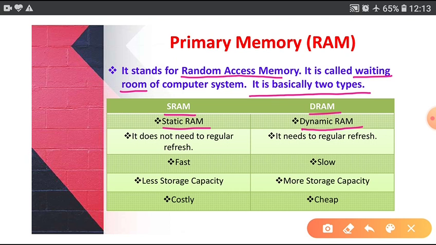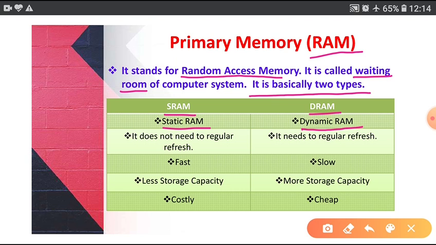So this is called volatile memory. It means data stored on the RAM chip will stay stored till the power supply is available. If the power supply is cut, the content of RAM will get erased.